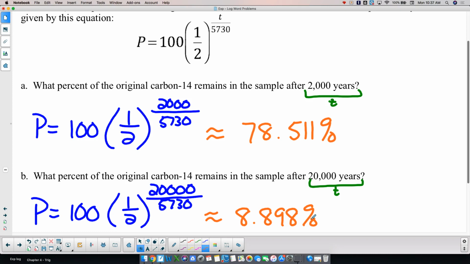Okay. So 5,730 years after this organism stopped living, how much should be left? What percentage should be left in 5,730 years? 50% should be left, right? And then another 5,730 years, or 11,460 years later, how much is left?